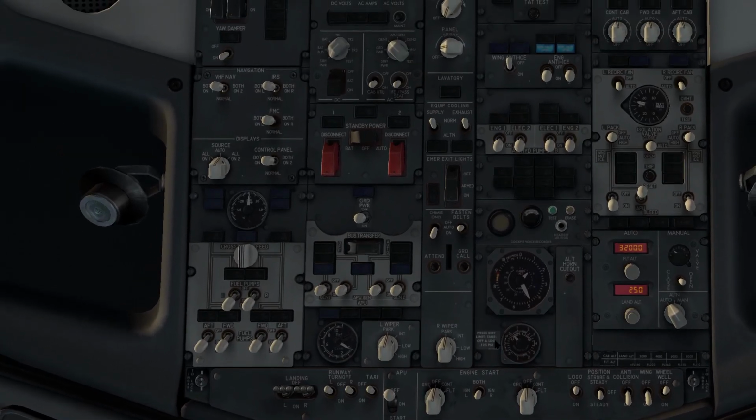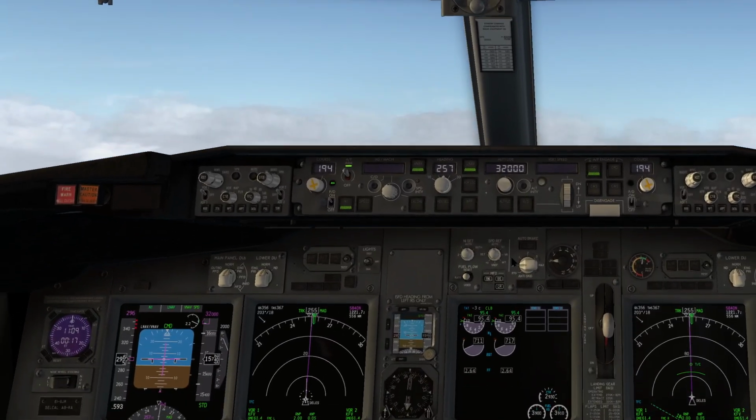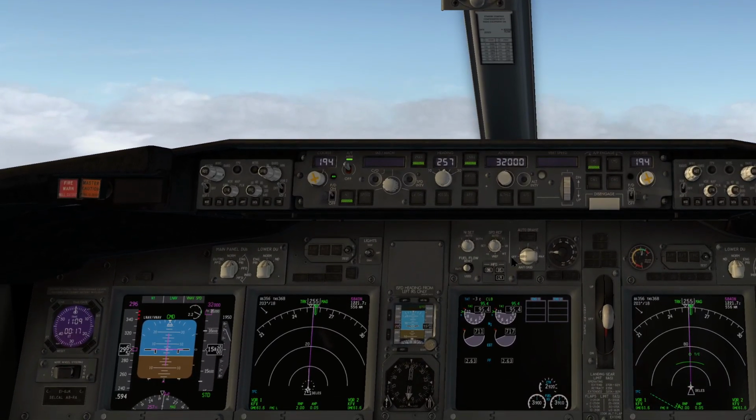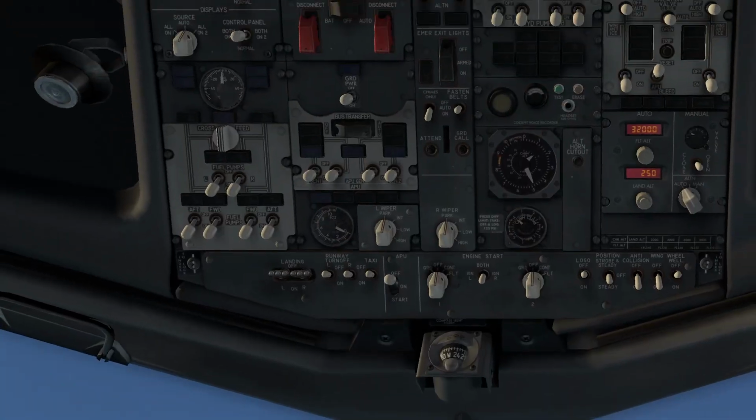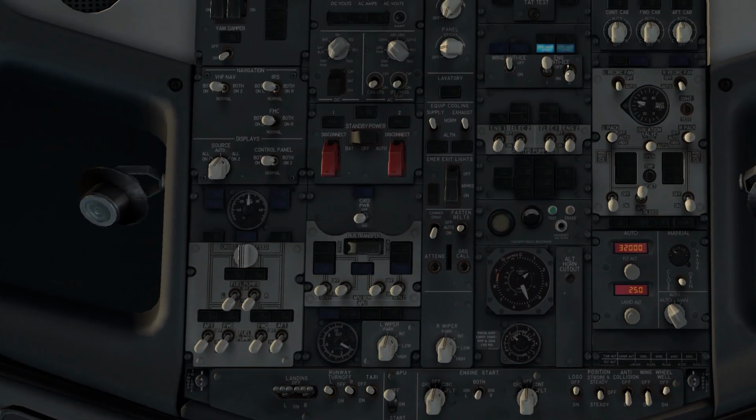Check the cabin altitude is raising, engine anti-ice probably could be off at this stage. We are above the clouds and at a ground speed of 360 knots, so engine anti-ice off.